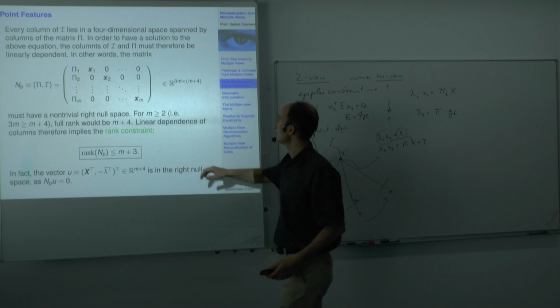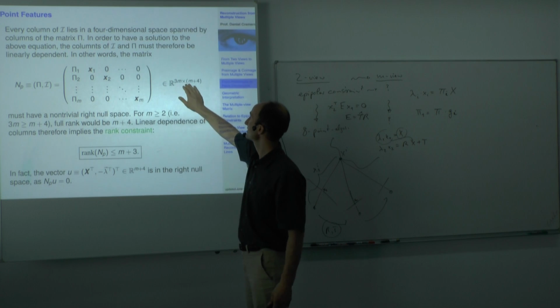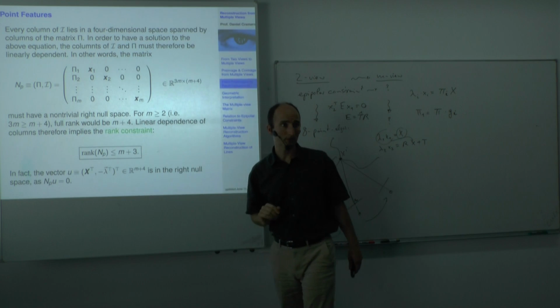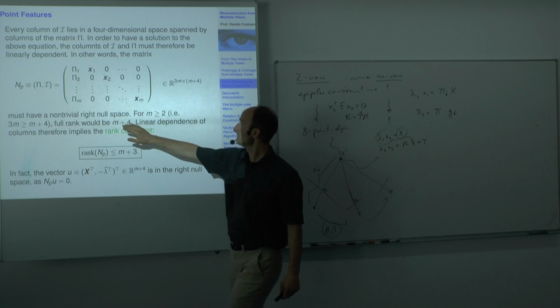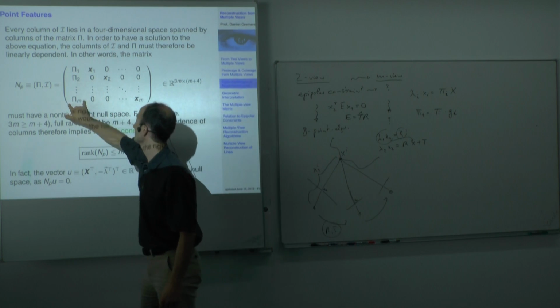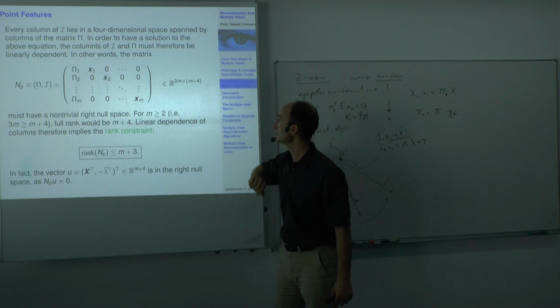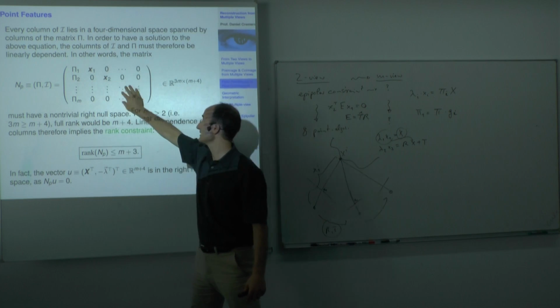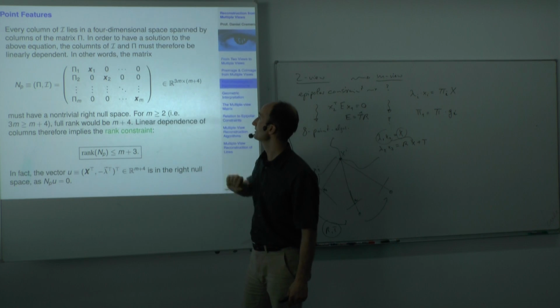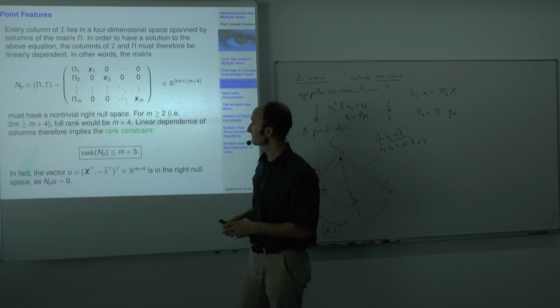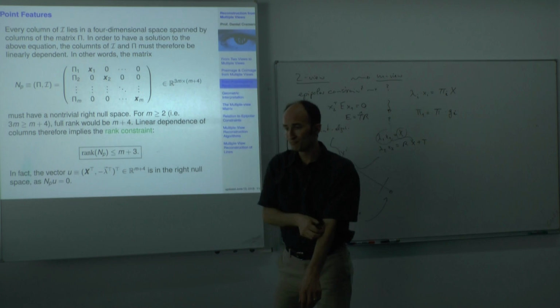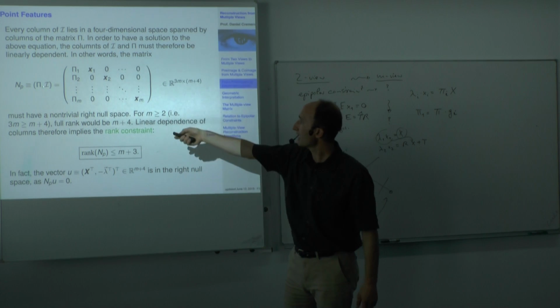And that gives us a 3m by m plus 4 matrix. Indeed, this pi matrix is 3m by 4, and I is 3m by m, so that would be 3m by m plus 4. And so that's a fairly large matrix.